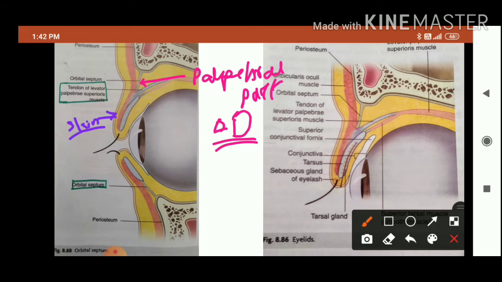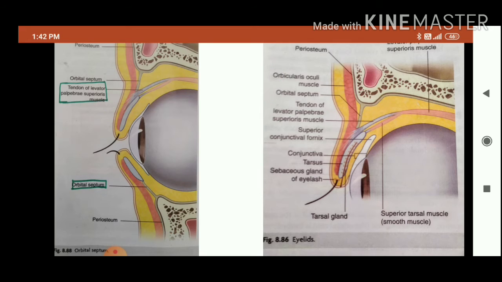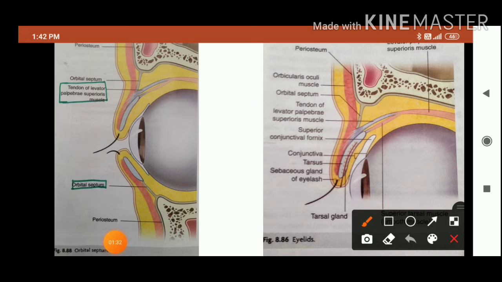Now what do we mean by orbital septum? Remember that the orbital septum is simply the extension of the periosteum of the orbital cavity. You see the bone above, the roof of the orbital cavity, the periosteum extends downwards and enters the eyelid, and this forms the orbital septum. Now what is the function of the orbital septum?